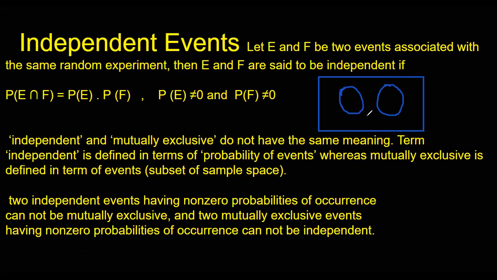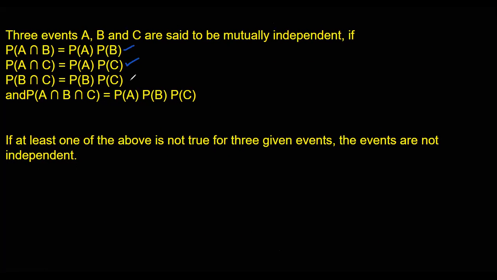Whereas in the case of independent events, there will be something common. That's how we find it: P(B intersection C) should be P(B) into P(C), and also P(A intersection B intersection C) should be P(A) into P(B) into P(C). For 3 events, we need to verify all these 4 things.